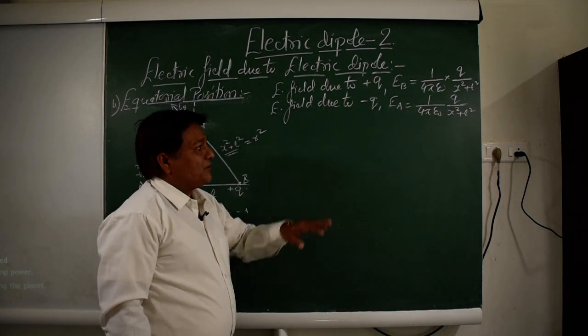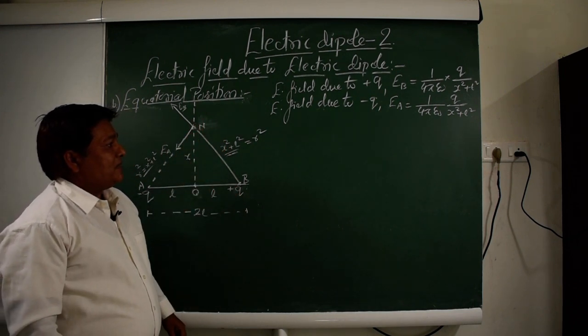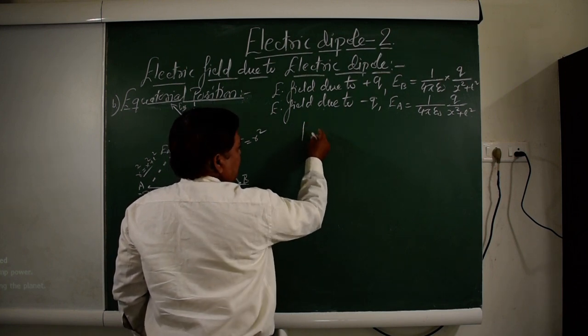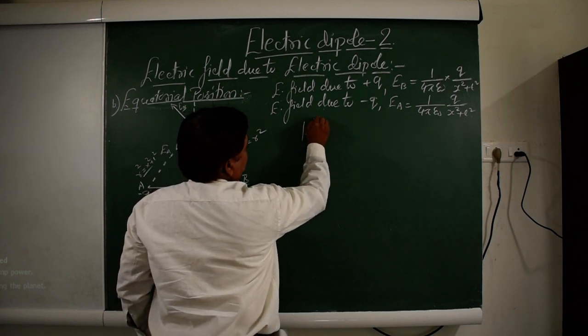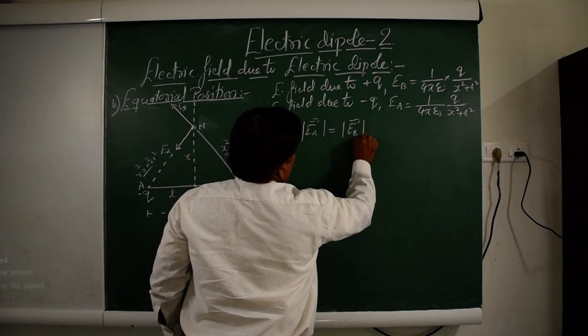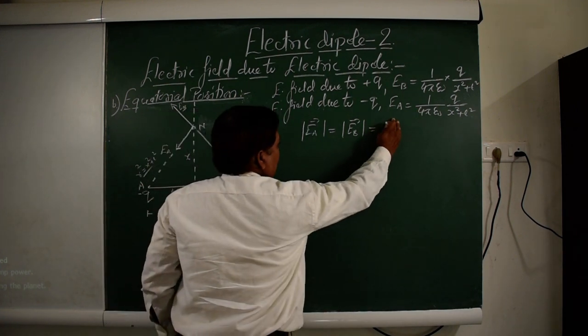Now we see that the magnitudes of both electric fields are the same, but the directions are not the same. So we suppose that the magnitude of electric field EA will be equal to the magnitude of electric field EB. It will be equal to E. The magnitudes are equal here.